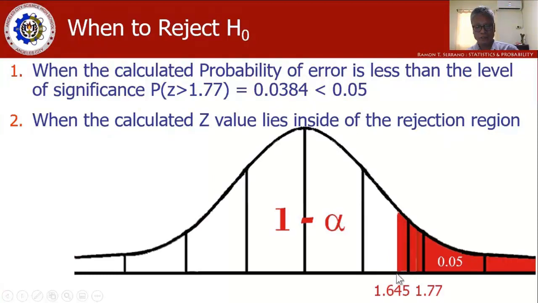Your 1.77 is on the right side of 1.645, and therefore will fall inside the red region, or the rejection region. And that is when the calculated z value or t value, depending on your statistic, falls within that region, then you reject the null hypothesis.